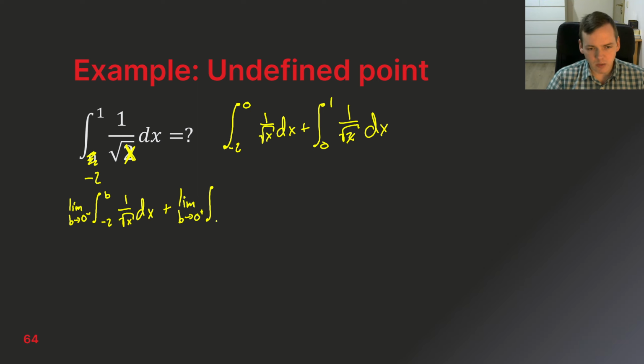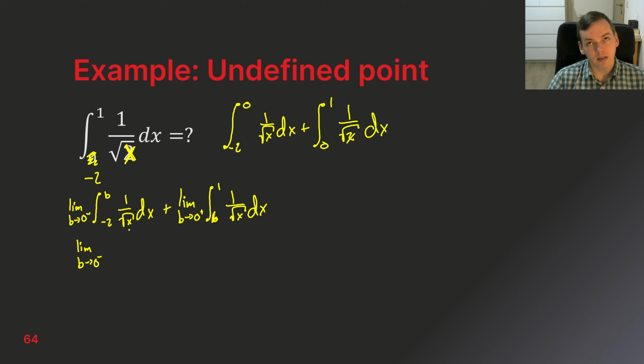I don't know if this will end up being important because I just changed on the fly here, but I am putting them in because it might matter whether it's left or right-hand side. 1 over square root of x dx. Now we can evaluate both of these.